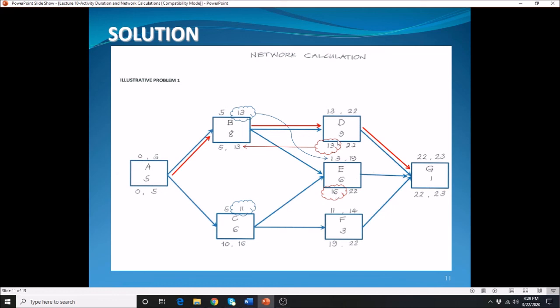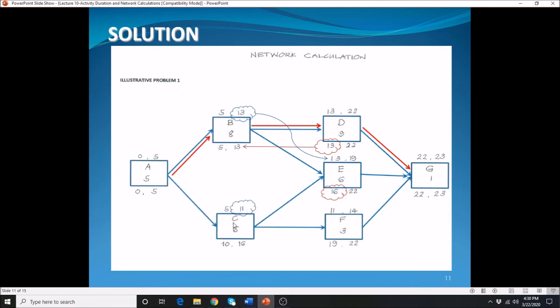So how do I know that we are choosing between your D and E? Notice this arrow here. They are connected both to your B. So there must be two choices on the value that you're going to carry over. So remember, we're doing backward. Consider the minimum value. So what's the minimum value between these two, 13 and 16? That is 13. So we carry over that. So we have here 13.